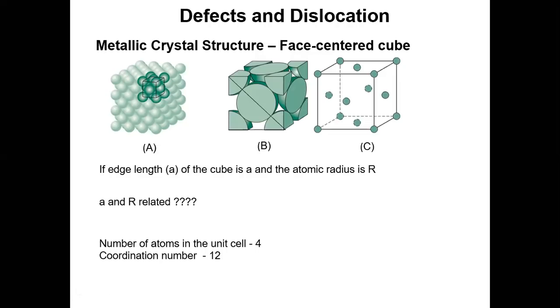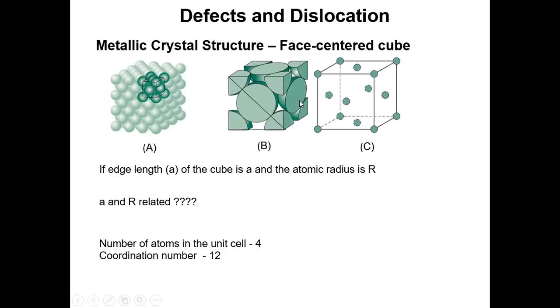Right? Then the coordination number of the FCC cube, we say it is 12. We can find it as 12. How? If you think about this center atom, right? It has these 4 touching atoms, right? So these are nearest neighbor atoms.